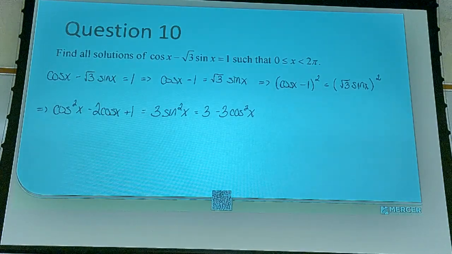Expand, replace sine squared with 1 minus cosine squared. All right, now move everything to one side.